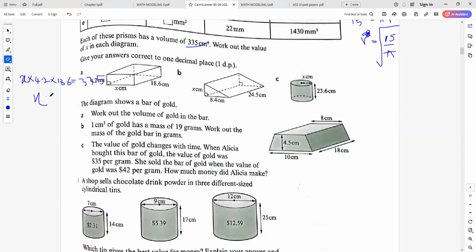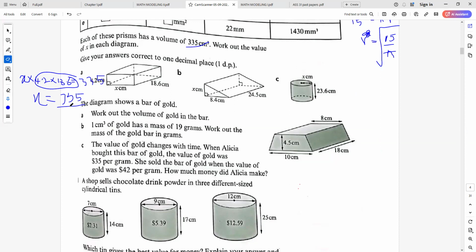Now these two values are multiplied with X, so when they go to the other side of the equation, they will be divided. So X is 335 divided by 4.2 times 18.6.